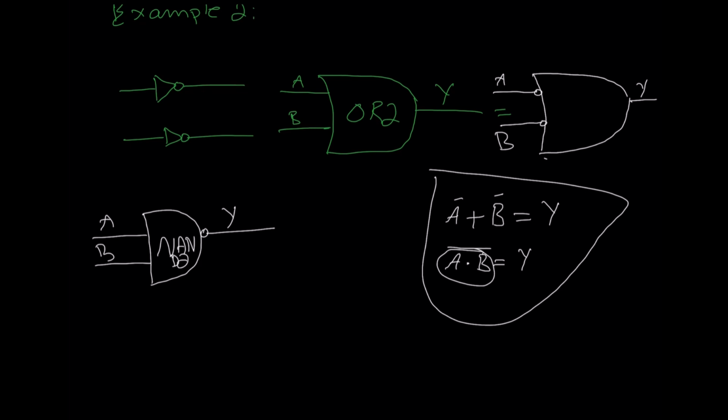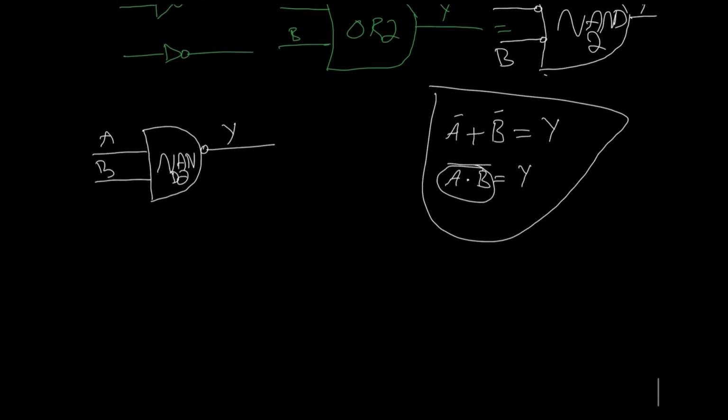We will talk about it when we get to Boolean algebra and De Morgan's theorem. We will discuss this in good detail. This is a NAND 2 gate, and this is a NAND 2 gate too. So these are exactly the same, but in a different representation.